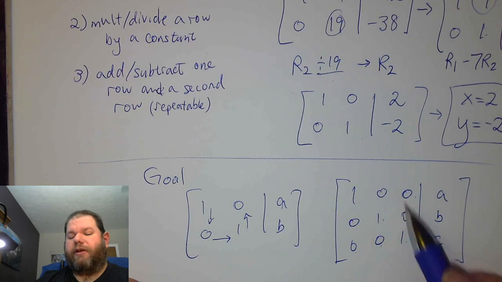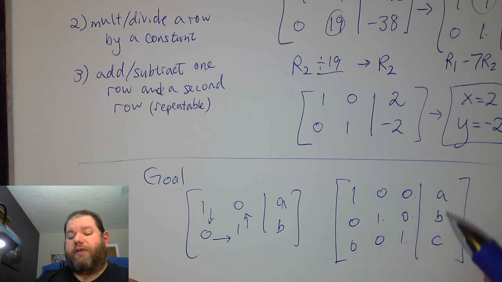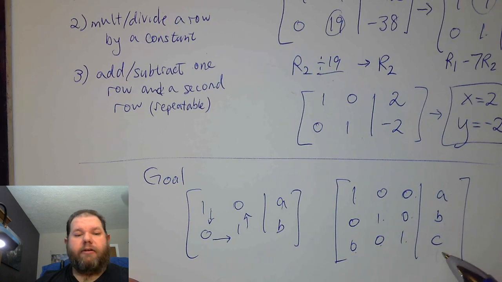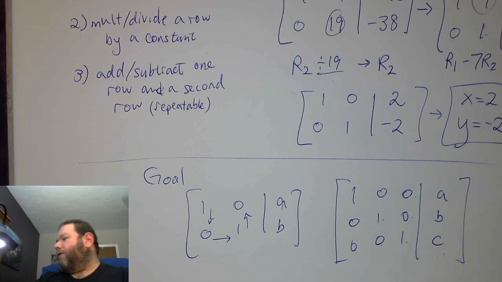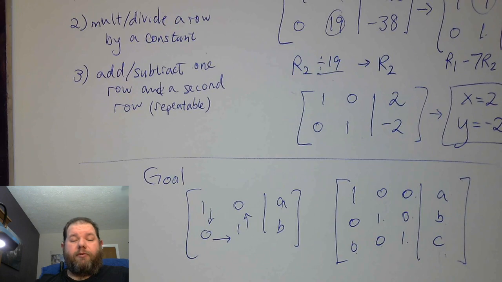And just create this situation where it's just the answers on the right now. X equals A, Y equals B, Z equals C. As long as we know what goal we're working towards, we can try to manipulate the matrix and get to that point. But again, we only have 3 different operations that we could really use.